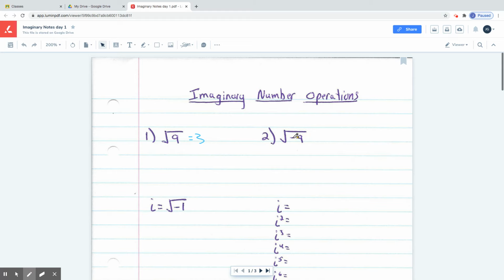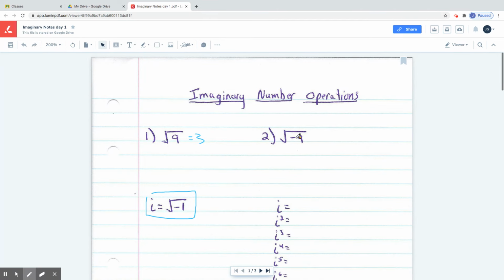We've been told that we cannot have a negative inside the radical. Well, we can now, because what we're going to be doing is talking about i, in imaginary numbers. And what we have for i is actually the square root of negative 1.